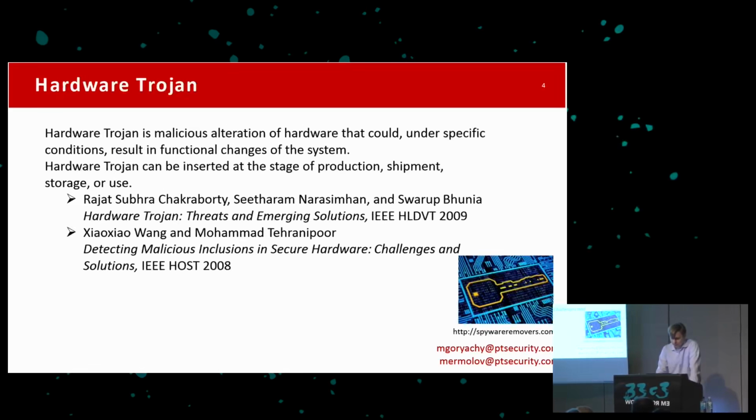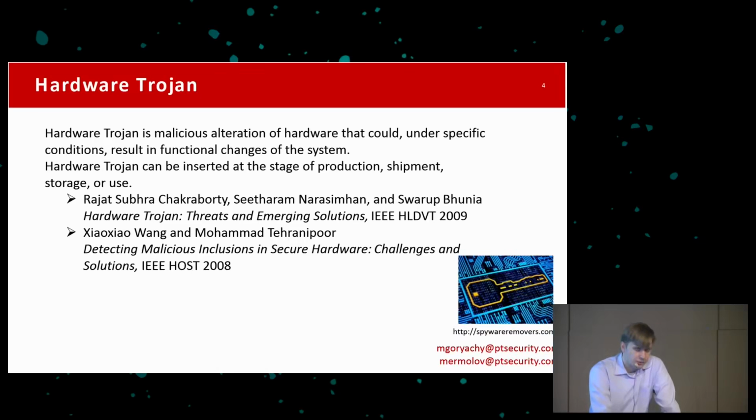And so, a hardware Trojan is a malicious alteration of hardware that could, under specific conditions, result in functional changes to the system. It can be inserted at the time of manufacture, shipment, storage or use. You can find information on this type and general techniques of detection in the paper mentioned on the slide.